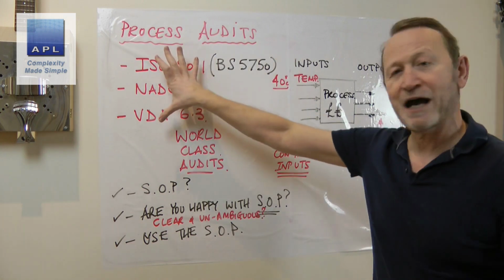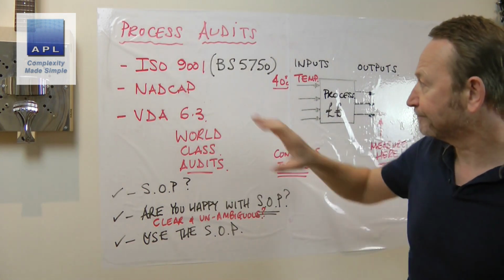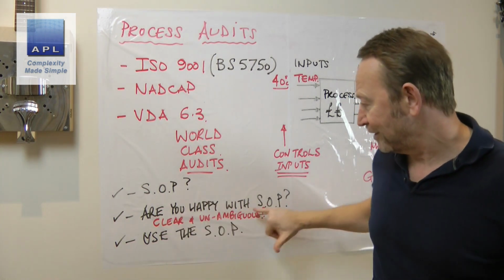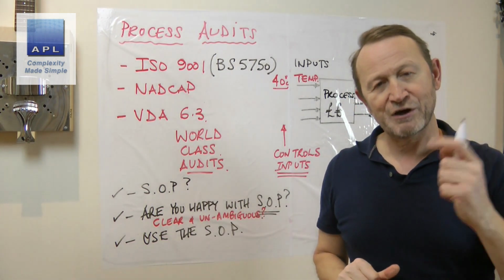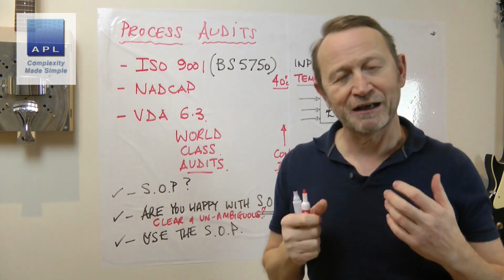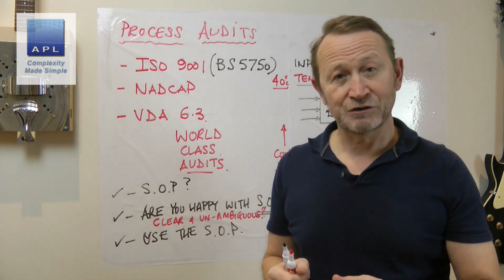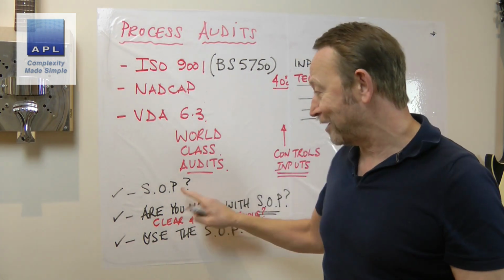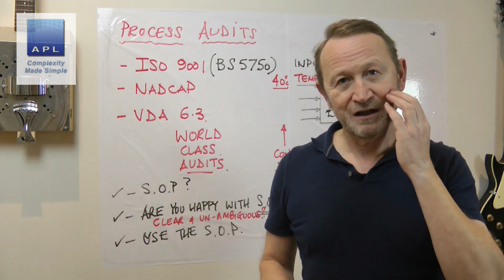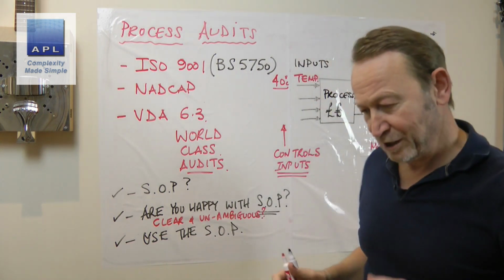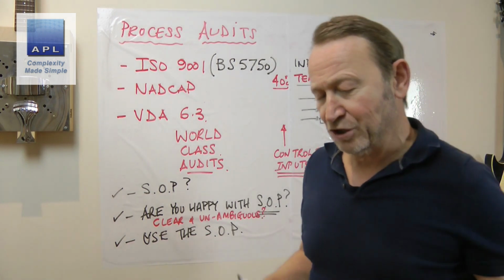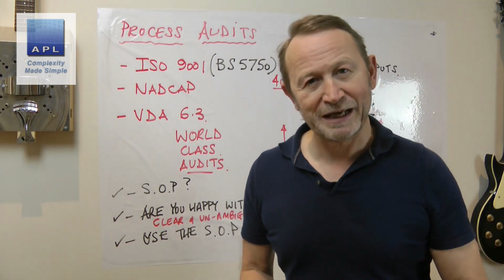Now, why am I unhappy with these? Well, the reason why I'm not happy with the auditing procedure is because that middle one is missing. And not only is it missing, they actually allow the companies to almost do whatever they like with their standard operating procedure. Now, I understand why they're doing this, because if you go into a company, if you've just turned up and you're a visitor and you go to, let's say, a plating company.